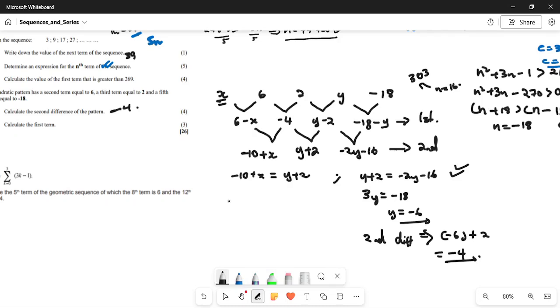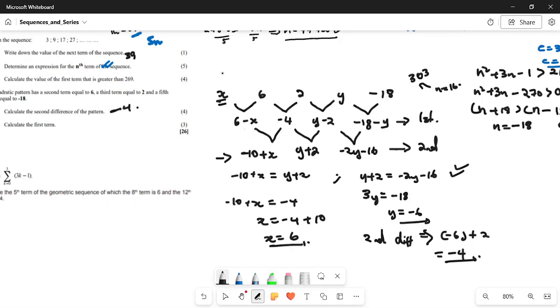We know that this, minus 10 plus x, is equal to a negative 4. So we can solve for x. So x is equal to minus 4 plus 10. Therefore, x is equal to a positive 6.